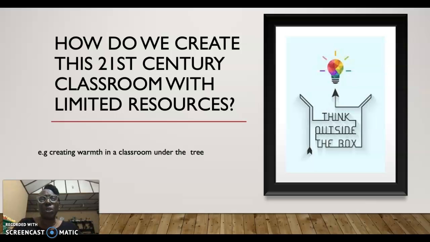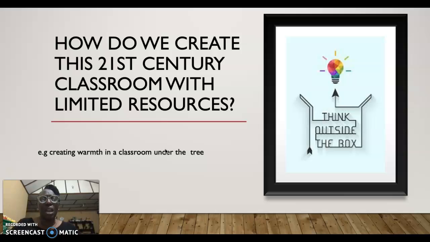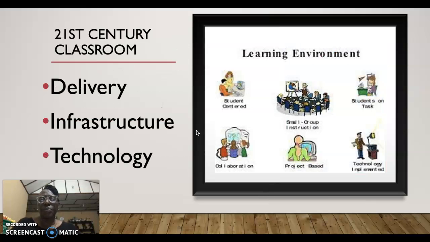Of course, if they bring money, that will do a lot. But how can we, with all these characteristics of the 21st century classroom, in a little way, actually implement it? So that's what we'll be discussing in our discussion forum this week.